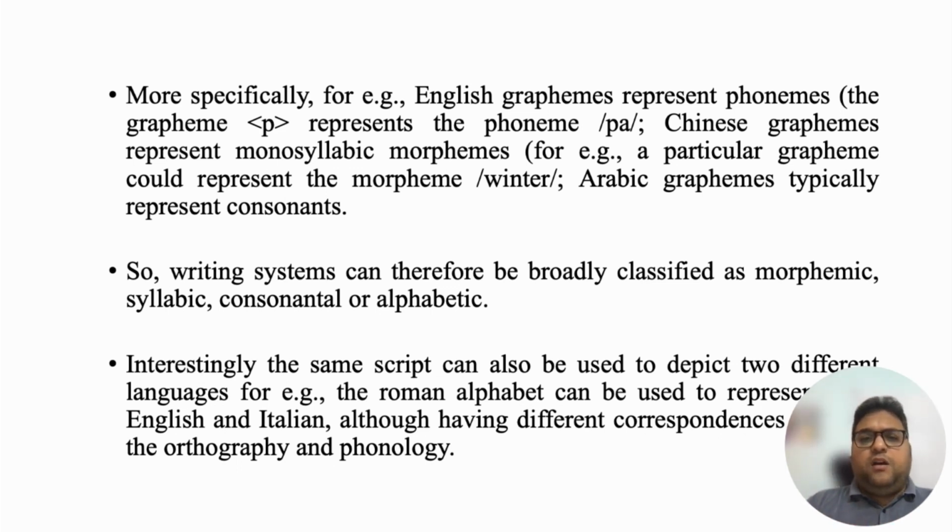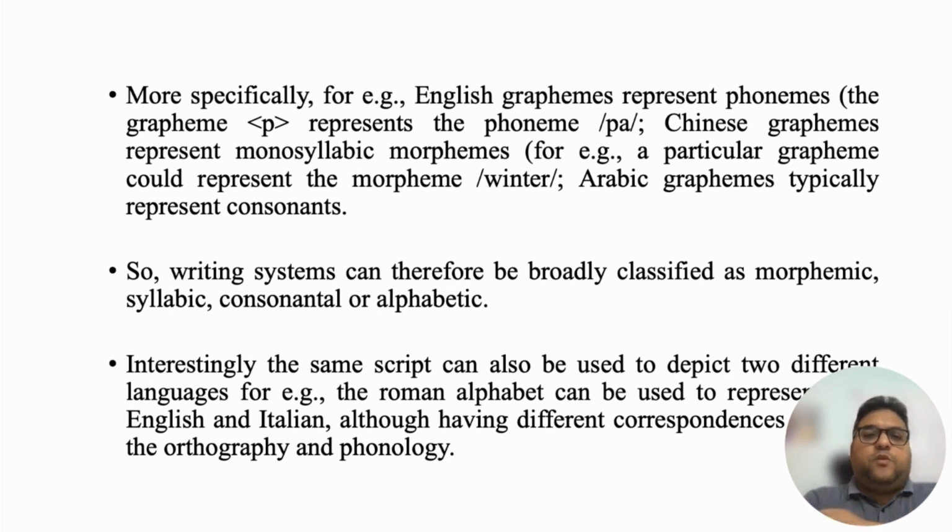So you can classify scripts into different categories based on how they choose to depict units of speech, and in that sense each of these scripts has certain unique characteristics. Because we are developing categories, scripts that fall in the same category will share more characteristics than scripts that fall in different categories.